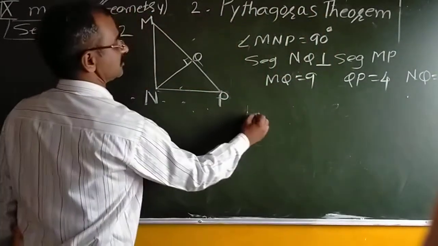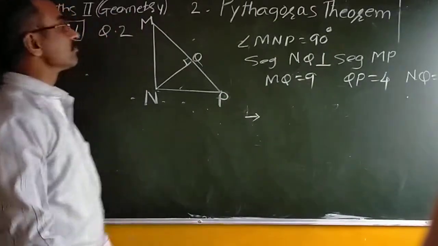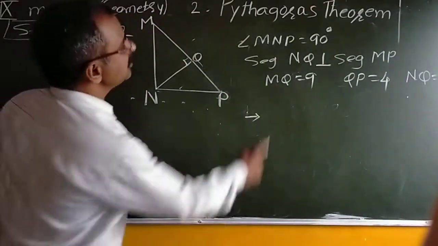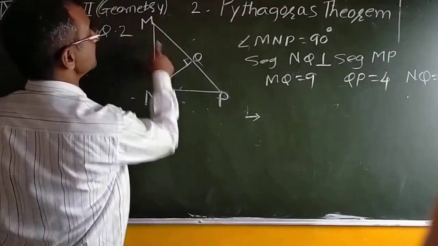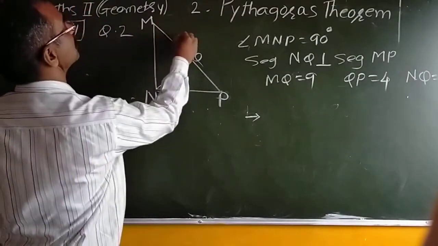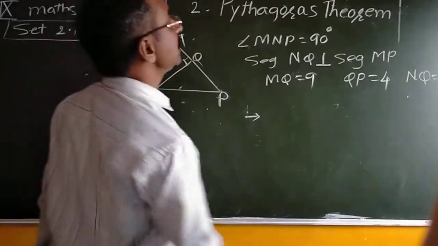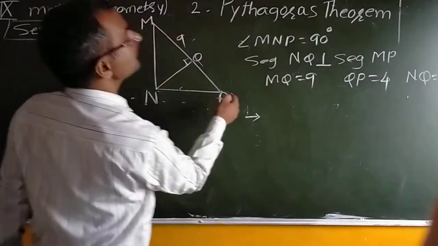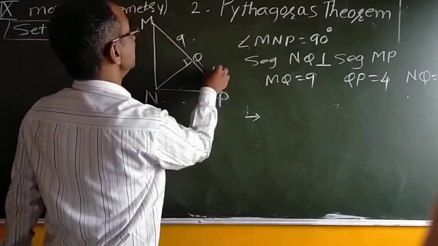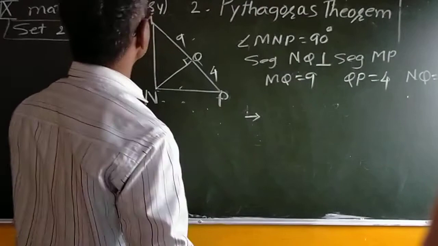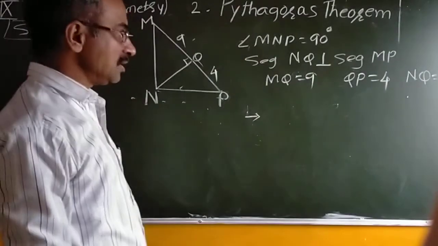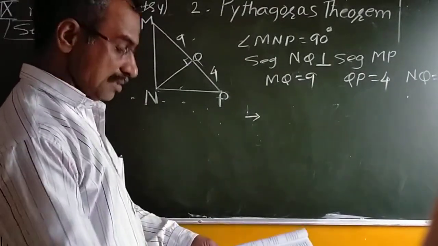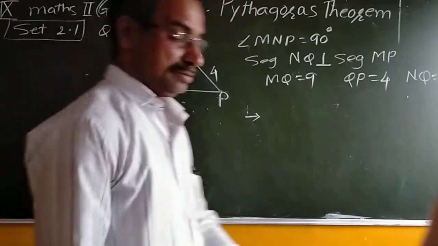So the solution. Put the values: MQ is 9. Then QP is 4. Then find the NQ. For that we are using the rule.